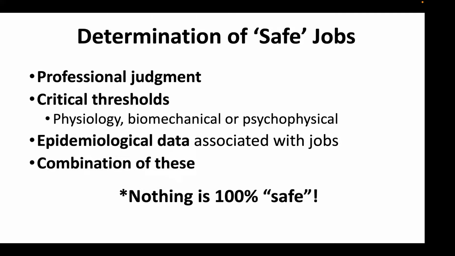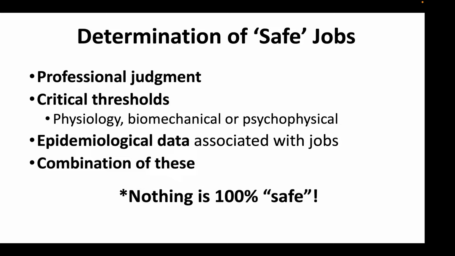Basing things on epidemiological data and actual output data is important, and some combination of these can help us determine what's safe, with the idea that nothing is 100% safe. There's always risk. When you look at these tools and say, oh, it's a score above this, think of each one of those as a probability distribution rather than as the person's definitely hurt or unhurt.